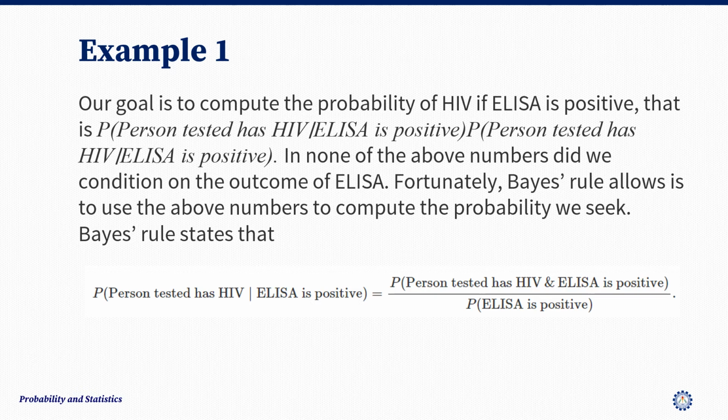So Bayes' rule states that the probability that the person tested has HIV given that ELISA is positive equals the probability that the person tested has HIV and ELISA is positive, over the probability that ELISA is positive.